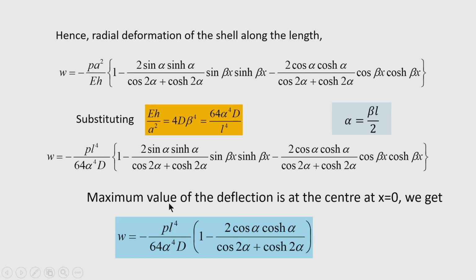So, the maximum deflection is obtained as W equal to minus P L to the power 4 divided by 64 alpha to the power 4 into D, times the bracket 1 minus 2 cos alpha cosh alpha divided by cos 2 alpha plus cosh 2 alpha. That means the second term is a hyperbolic function, so cosh 2 alpha.